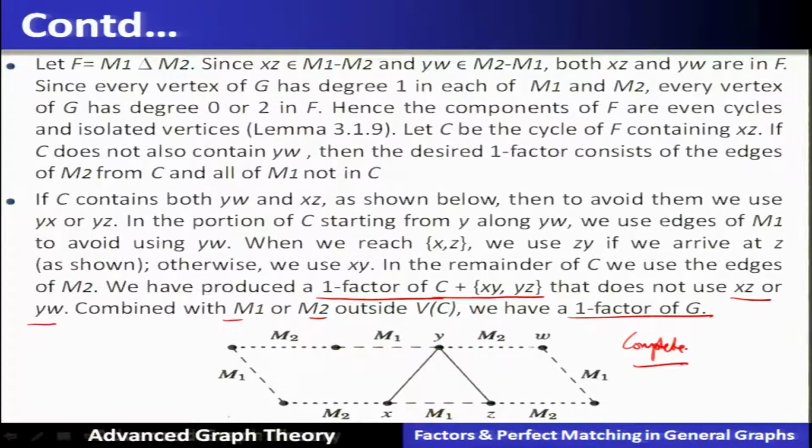If the cycle C contains both yw and xz as shown below, then to avoid them we use yx or yz, either of these two. So, in the portion of C starting from y along yw, we use the edges of M1 to avoid yw.